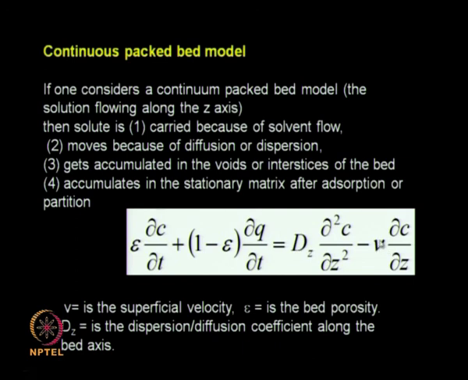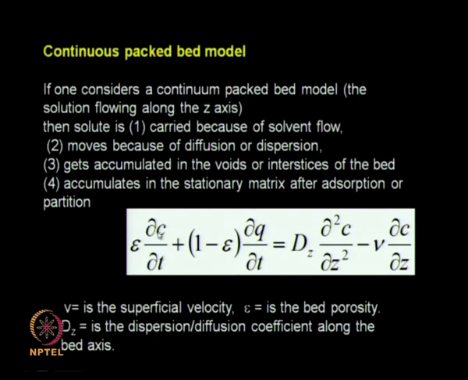V is the superficial velocity of the solvent, C is the concentration of the solute, z is the bed axis. So concentration of the solute along the packed bed. So this term arises because of the diffusion of the solute in the column, this term arises because of the movement of the solvent, and on the left hand side we have all the accumulation terms.